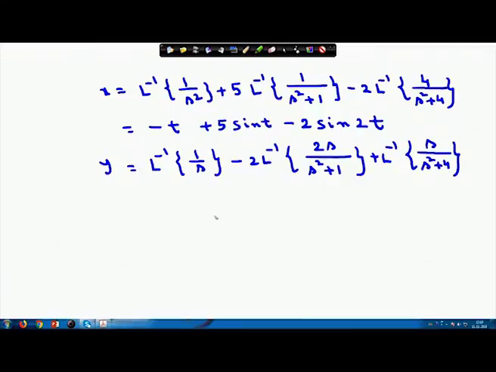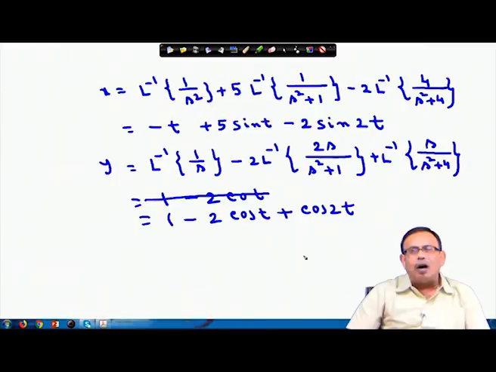Laplace inverse of 1 by s is 1, minus 2 into, there is 2 s by s square plus 1, so I can write it as cos t, and plus s by s square plus 4, so cos 2t. So, the x value is minus t plus 5 sin t minus twice sin 2t, and y equals 1 minus 2 cos t plus cos 2t.